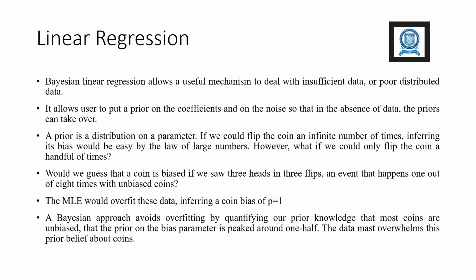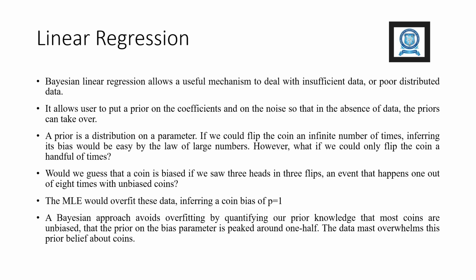If we could flip the coin an infinite number of times, inferring its bias would be easy by the law of large numbers. However, what if we could only flip the coin a handful of times? Would we guess that a coin is biased if we saw three heads in three flips, an event that happens 1 out of 8 times with unbiased coins?